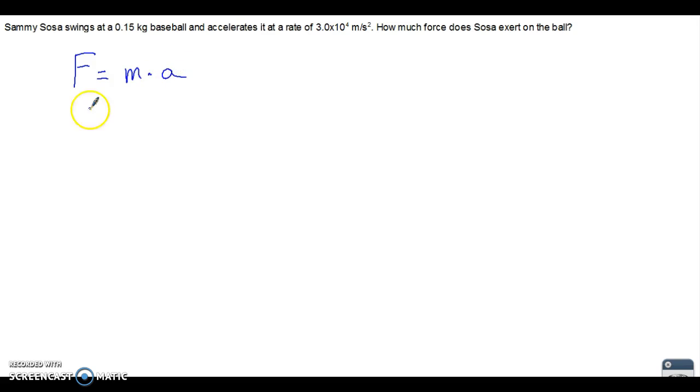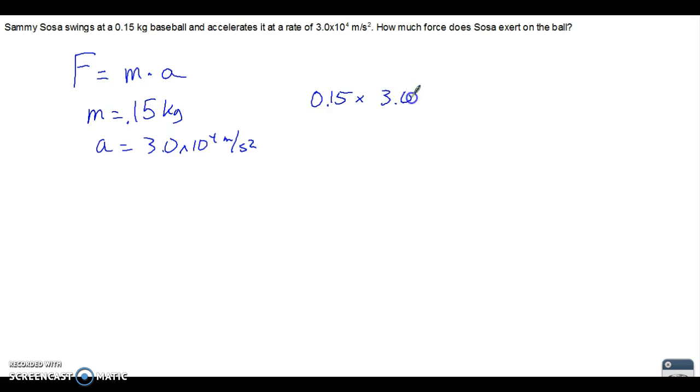We've got our mass of 0.15 kilograms and acceleration of 3.0 times 10 to the 4th meters per second squared. We multiply those two together: 0.15 times 3.0 times 10 to the 4th is equal to 4.5 times 10 to the 3rd newtons of force.